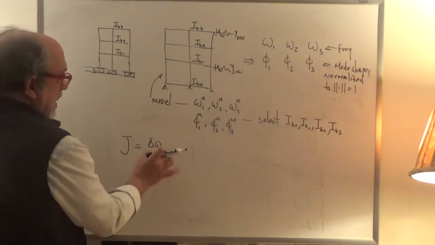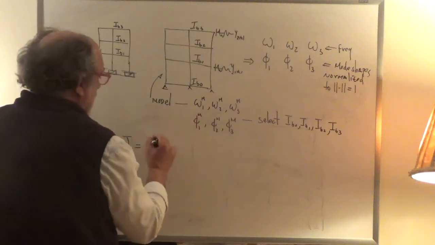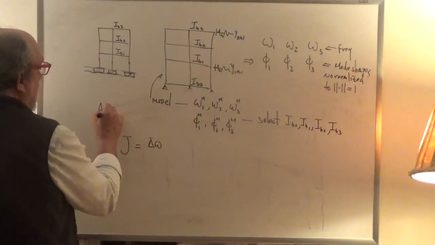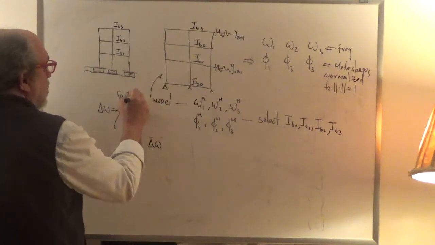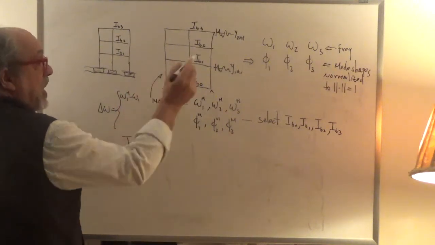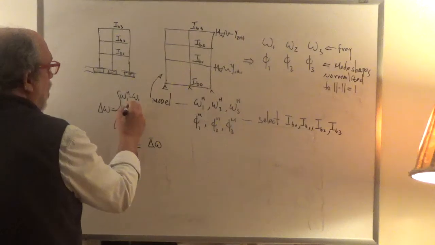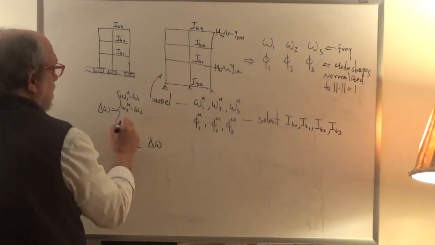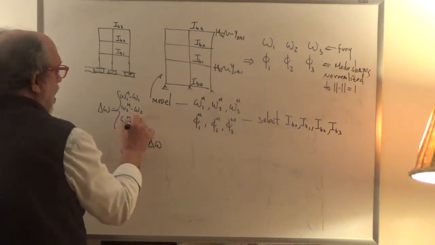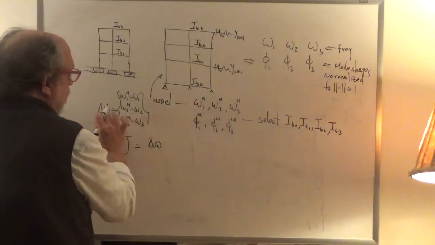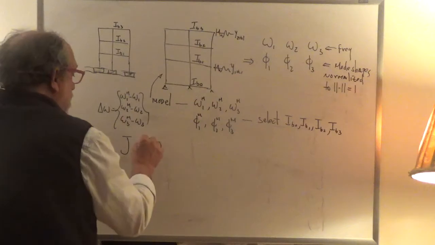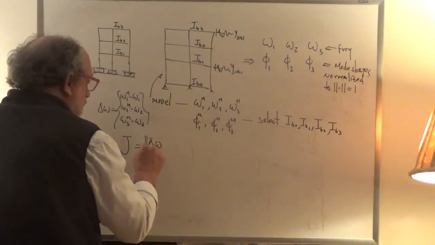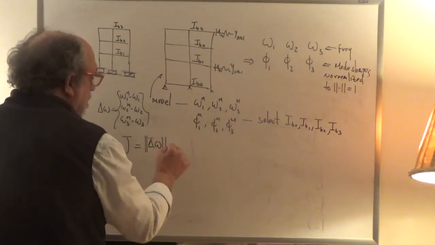That's the change, delta frequency being omega 1 from the model minus omega 1 from the experiment, omega 2 from the model minus omega 2 from the experiment, omega 3 from the model minus omega 3 from the experiment. That could be delta omega, right? So I could say that my error is the norm of delta omega plus.